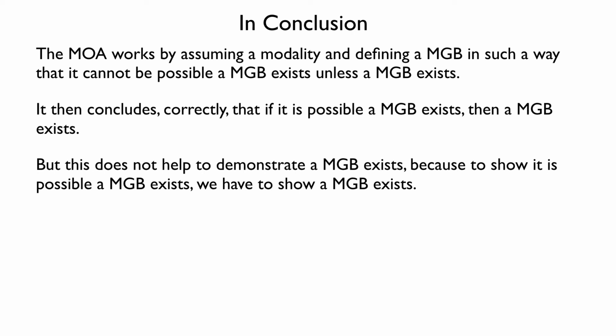But this does not help to demonstrate a maximally great being exists, because to show it is possible a maximally great being exists, we have to show a maximally great being exists. And that really is, when you boil it down, all there is to it.